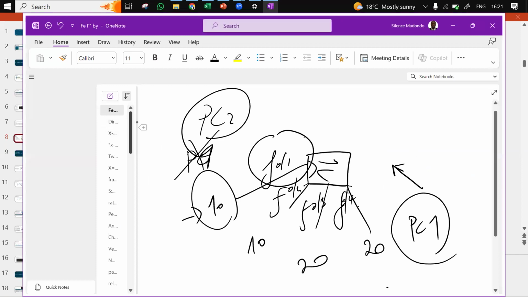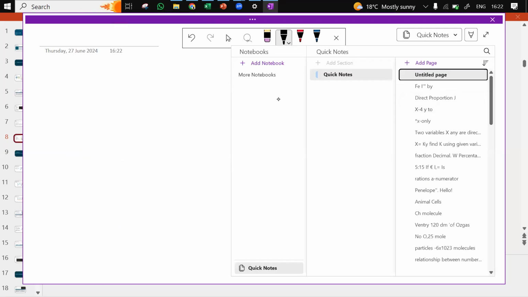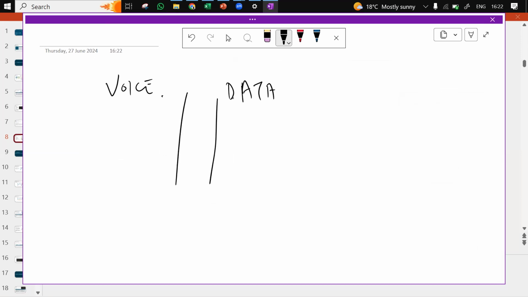Let's say we have voice traffic and data traffic. Can I use one road for these two types of traffic? I cannot separate them. Data just goes through that road, voice just goes through that road.